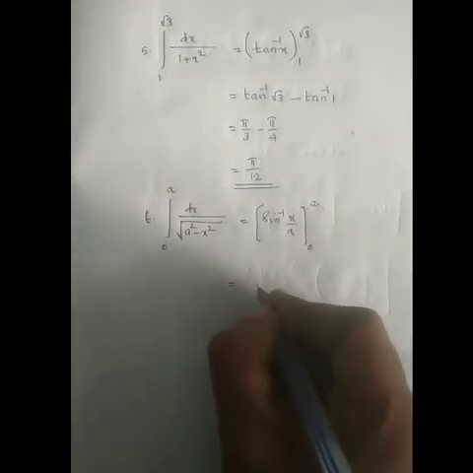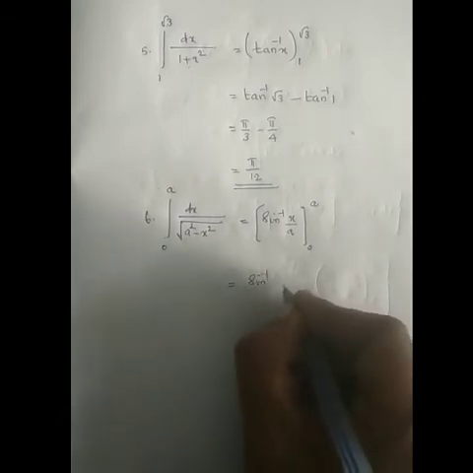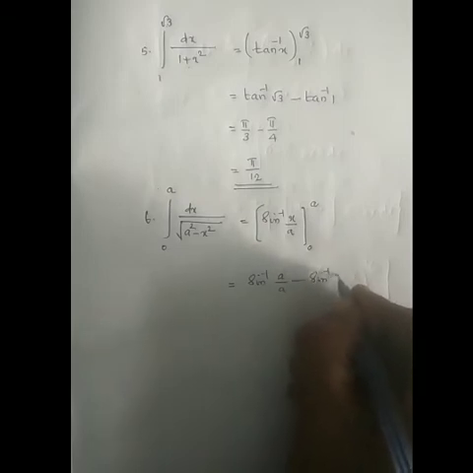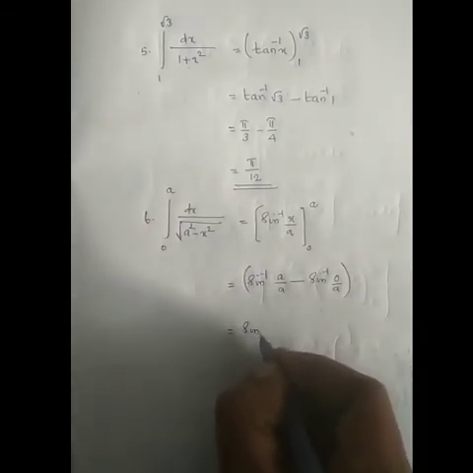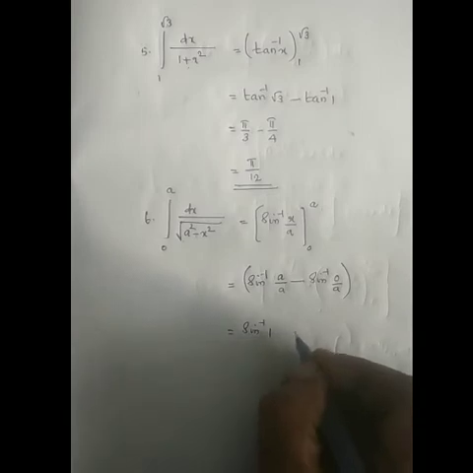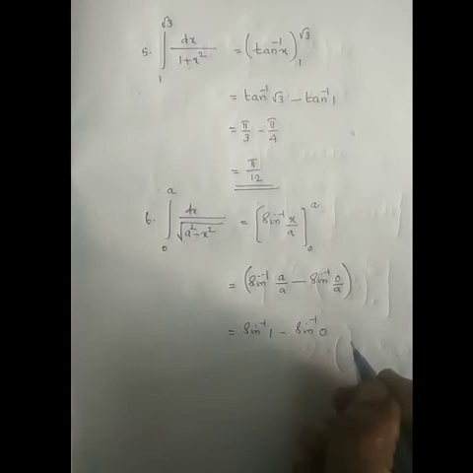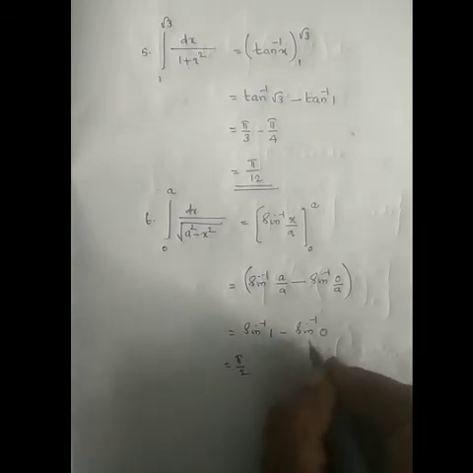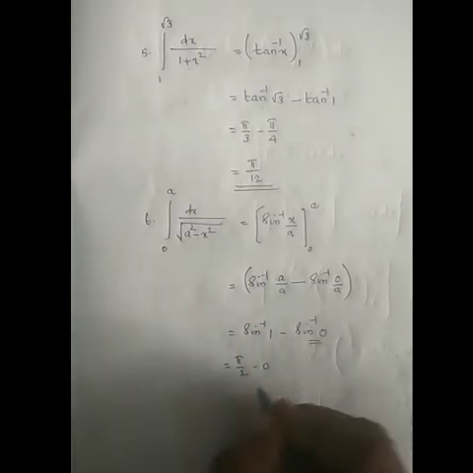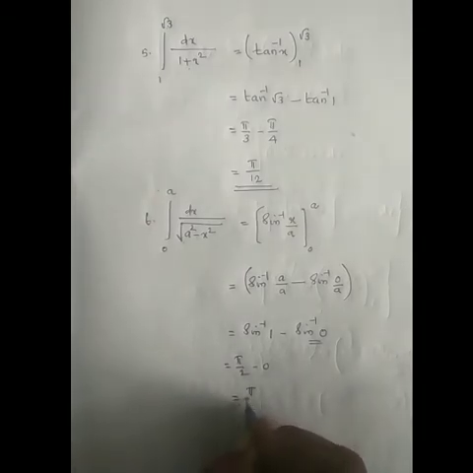First we put the upper limit, that is sin inverse a by a minus sin inverse 0 by a, or sin inverse 0. What is sin inverse a by a? It is sin inverse 1, and sin inverse 0 by a is sin inverse 0. What is sin inverse 1? It is pi by 2, and sin inverse 0 is 0. So the answer is pi by 2.